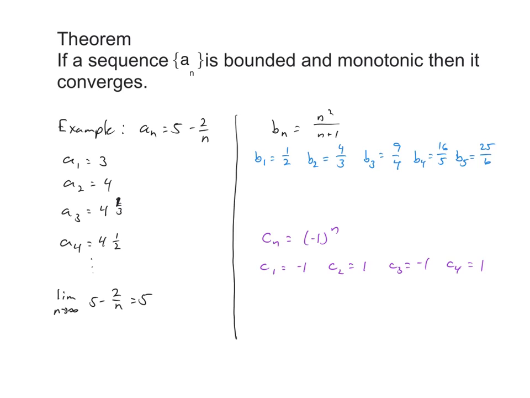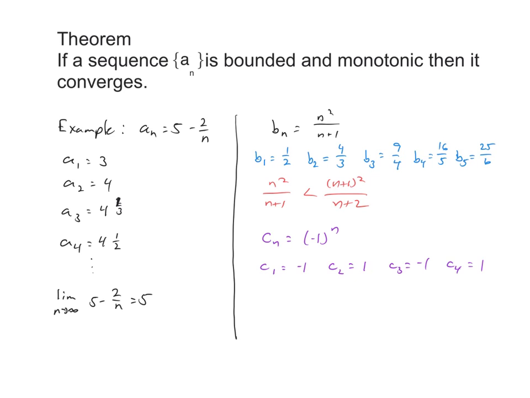We could go through and do the proof, showing that n squared over n plus 1 is less than n plus 1 squared over n plus 2, and show that it is monotonic. But I don't really need to be concerned with that, because of what happens if I take the limit on this one.